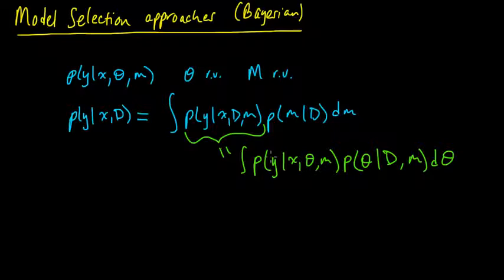And remember, theta is not a complexity controlling parameter, because all the complexity controlling parameters are over here in m. Theta is the parameters that are being used to fit the data. So by integrating over theta, it's already averaging over theta, so it's not sort of overfitting.